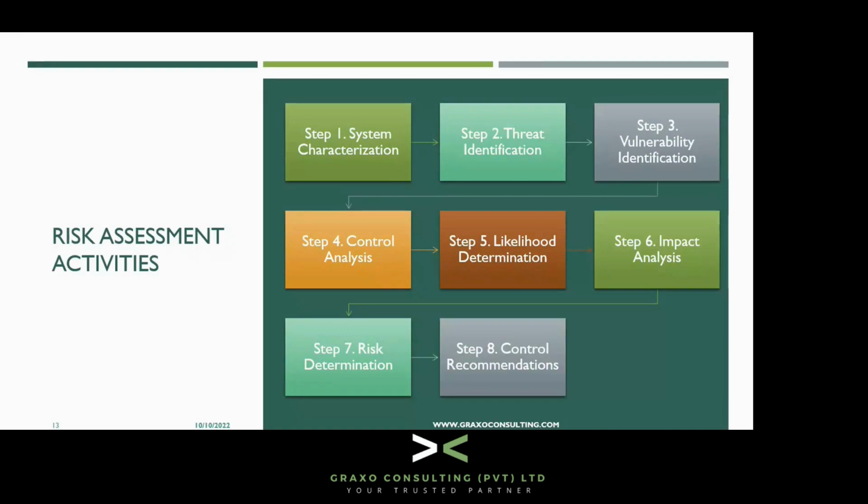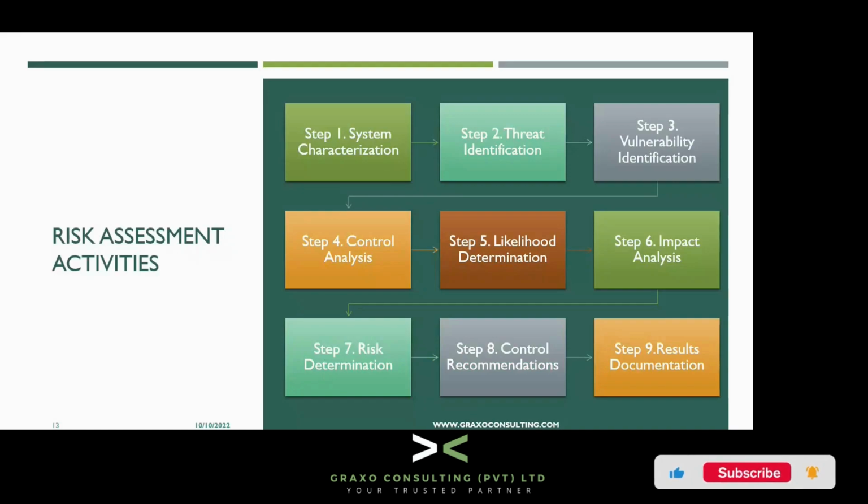After that, we can provide control recommendations that you can apply to remediate this risk. And in the end, we make a report of all the processes that we have carried out. We will look at these steps one by one now.